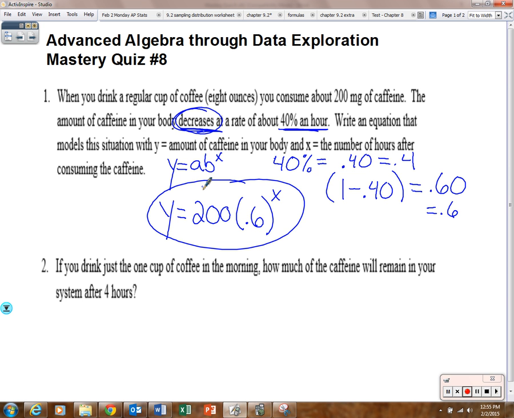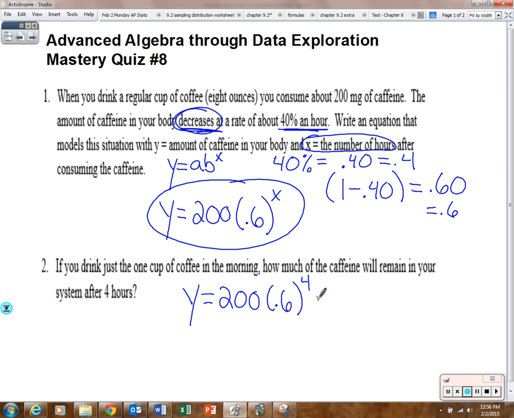There's number 1. Number 2, if you drink just 1 cup of coffee in the morning, how much of the caffeine will remain in your system after 4 hours? So, rewrite this. Y equals 200 times 0.6 to the, replace the X, because X represents the number of hours, with 4.